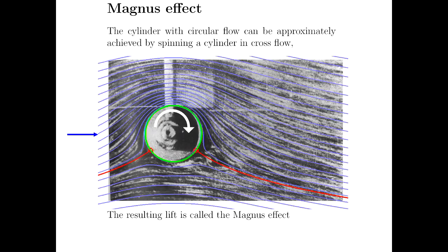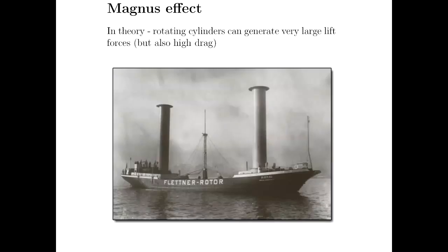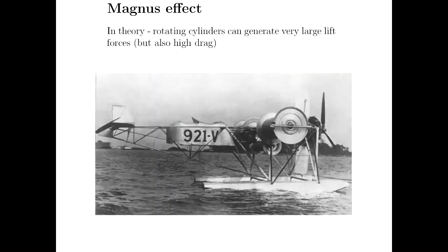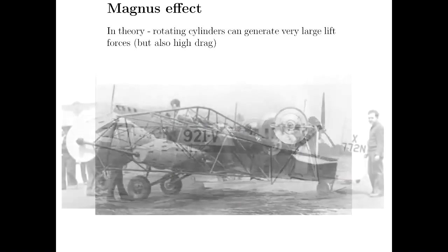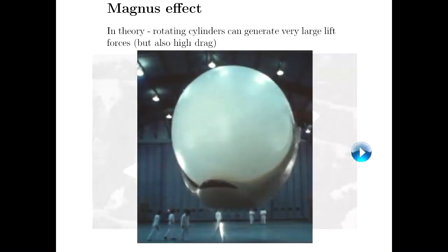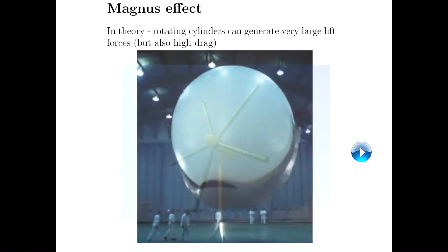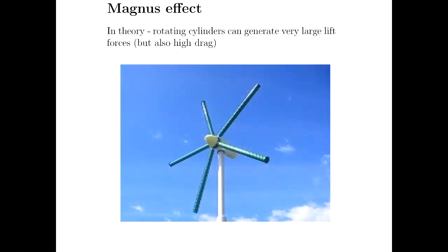I showed you a few examples of these weird-looking rotating cylinders on ships, also on planes. And this is a very bad example of an airplane design which you do not want to sit on, for sure. And also in wind turbines.